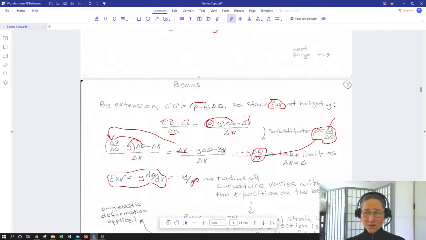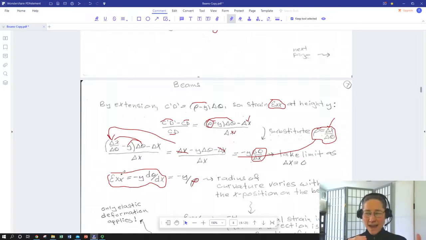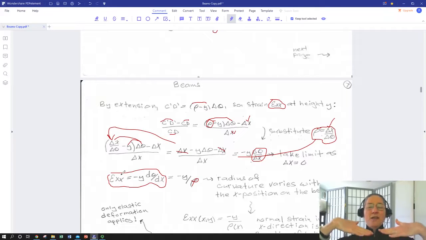So our axial strain in the x direction due to just flexing is the negative of the height above the neutral axis, so height going towards the center of curvature of the flexure, divided by the radius of curvature. As we move towards that center, we're going to contract, and as we move away from it, we're going to expand.